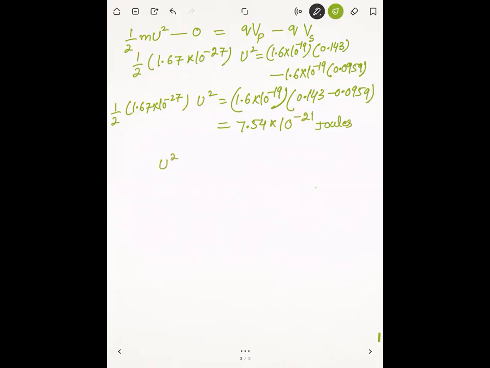Now u square will be equal to 7.54 into 10 power minus 21 into 2 divided by 1.67 into 10 power minus 27, and the answer that we're getting is u square equal to 9.025 into 10 power 6 meter square per second square.